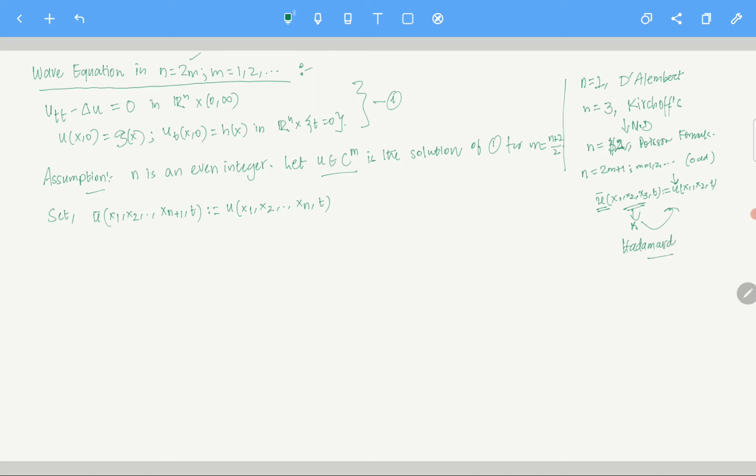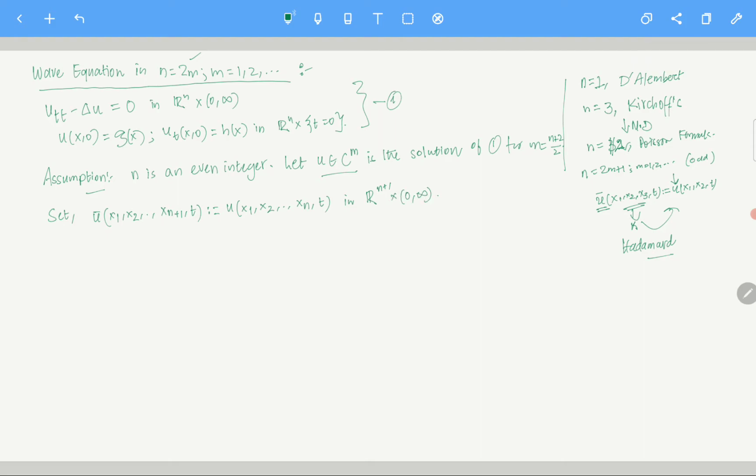Clear? Okay, now when you set something like this, here also I am doing the exact same thing, but just in higher dimensions. So this is, of course, in R^(n+1) cross (0, infinity).